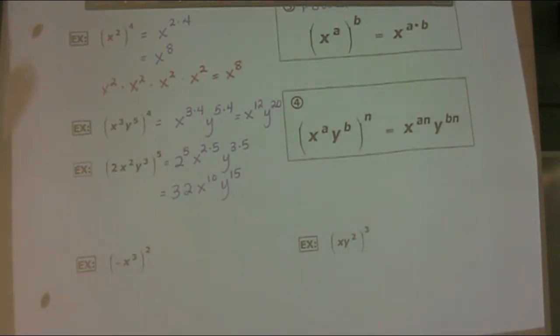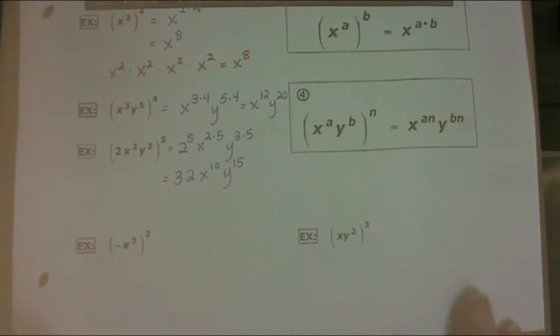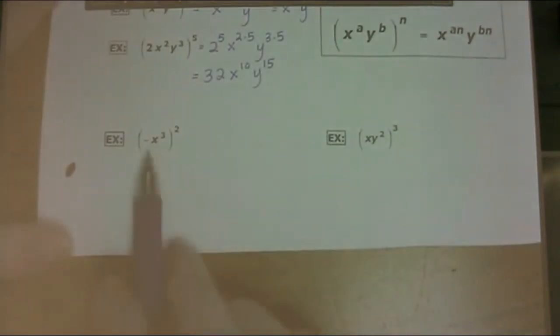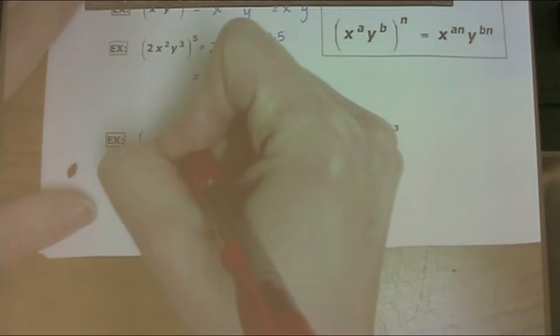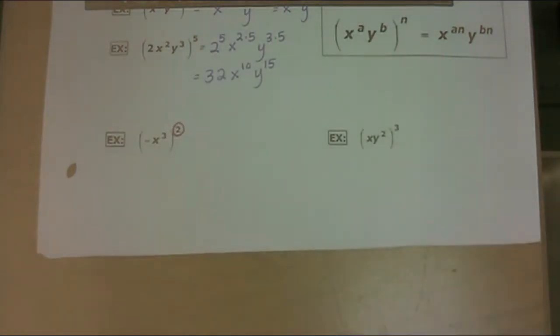At the bottom of the page, we have a couple of examples. The first one here, we have a negative. What's going to determine whether our answer is positive or negative is actually this power outside the parentheses.